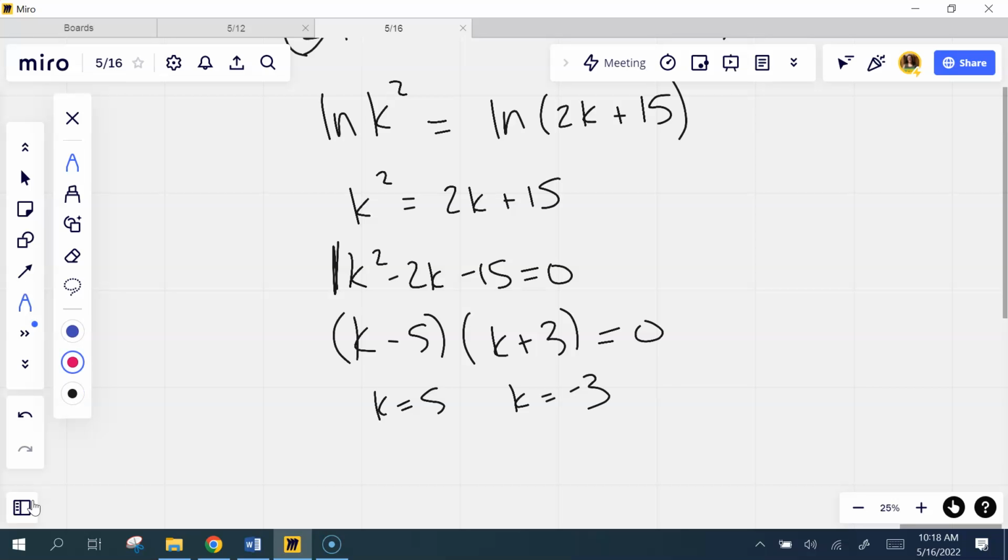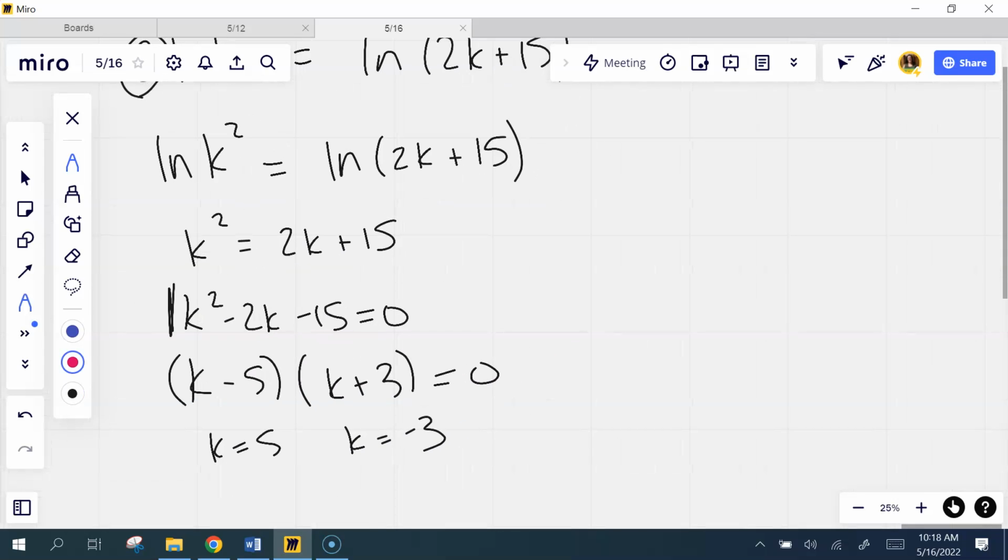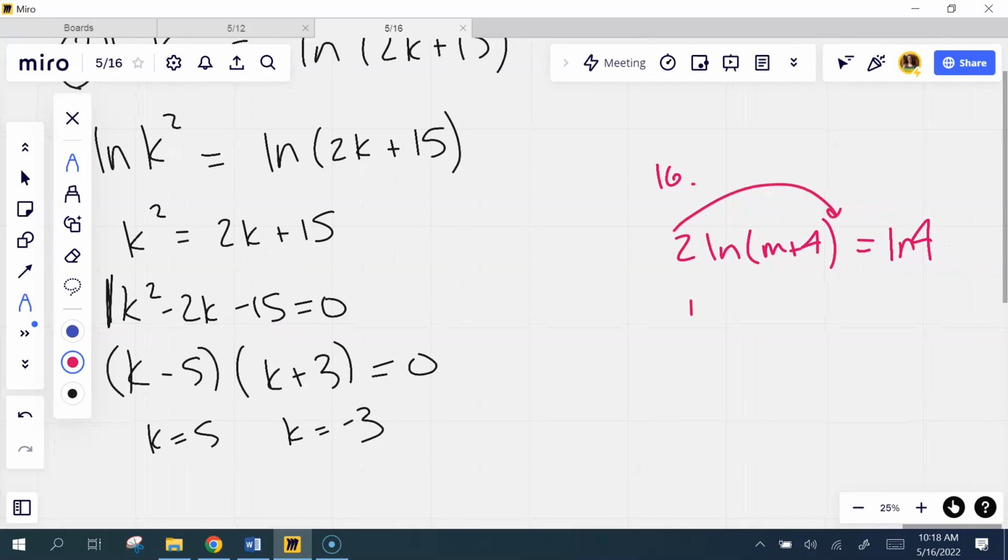You said 16. So on 16, I have 2 log of m plus 4. Same concept here as far as condensing before I start. So this is going to be the log of m plus 4 squared equals the log of 4. I can drop those off, m plus 4 squared equals 4.